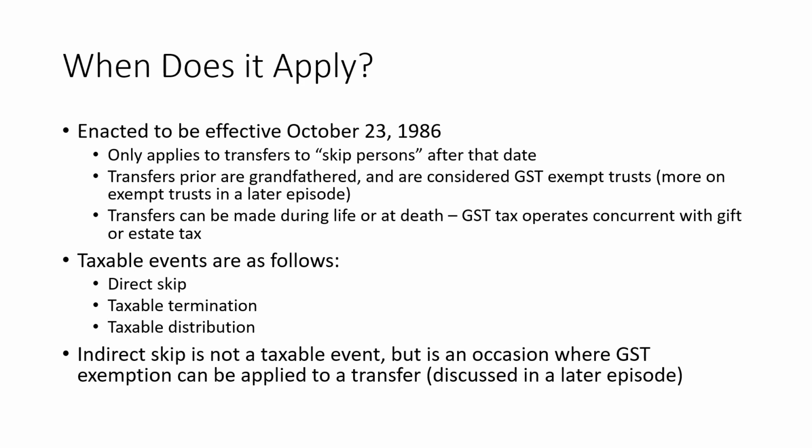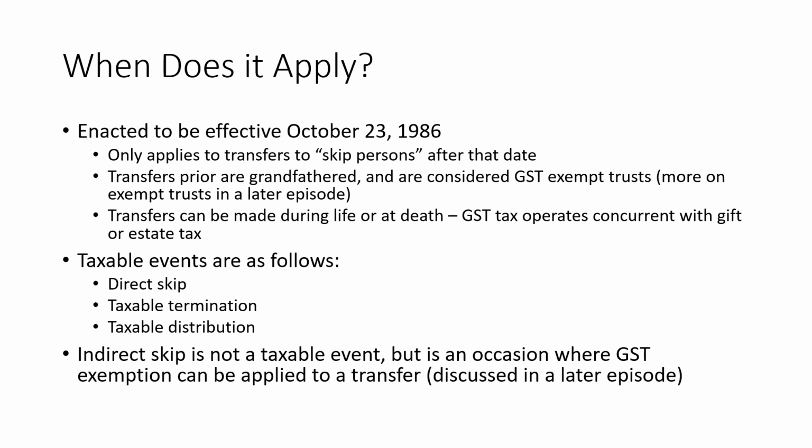Now we'll get more into some of the tax rates and exceptions and exclusions later on, but it's important to note for the time being that the actual taxable events where this tax can apply are as follows. 1, a direct skip, which we're later going to see is a transfer directly to a skip person or to a trust where only skip persons are beneficiaries, or you can have, from a trust, a taxable distribution or a taxable termination. Both of those are events where you know exactly how much is benefiting skip persons, so at that point the tax can be assessed.